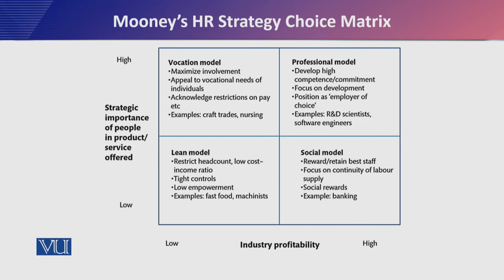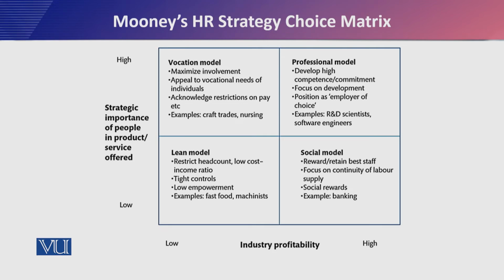If you look at this Mooney's HR strategy choice matrix, you will see very simply that it is a 2 by 2 matrix. So in this 2 by 2 matrix, there is something on the vertical axis and something on the horizontal axis. It is important to pay attention to the vertical axis and horizontal axis before you understand what is inside the matrix.